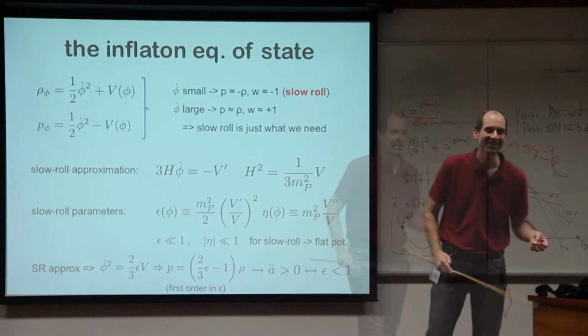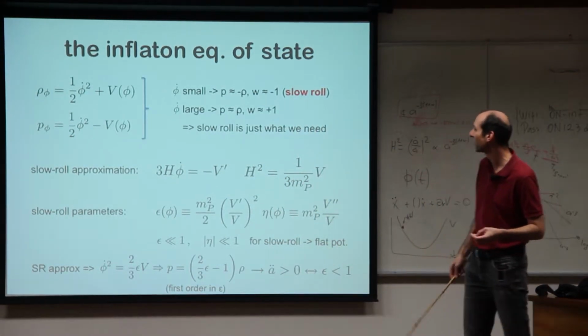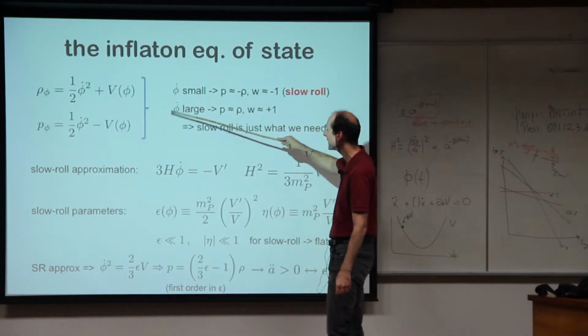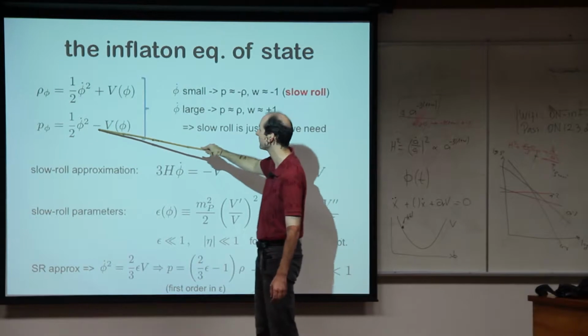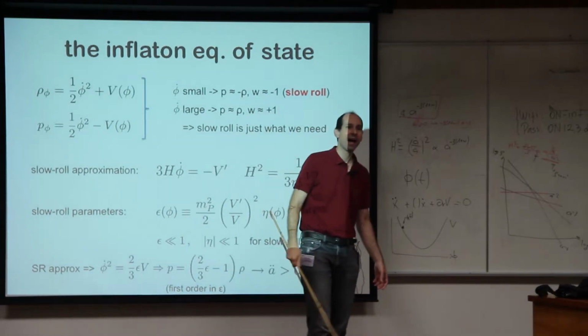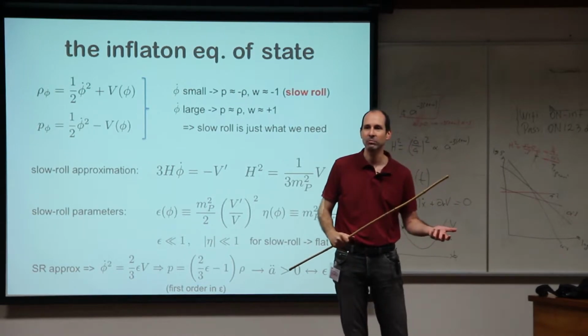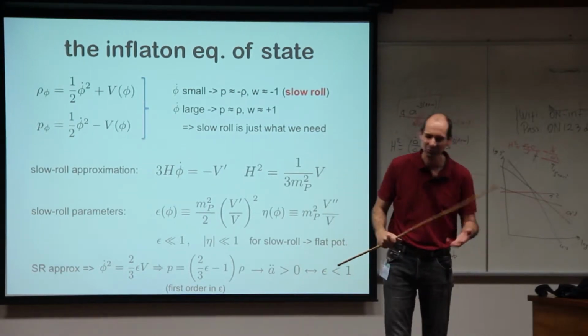And so for a scalar field, the equation of state can be somewhere between -1 and 1, and it can change in time, depending how fast the field moves in its potential.